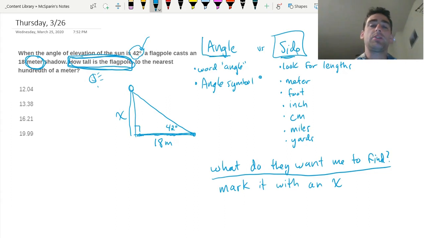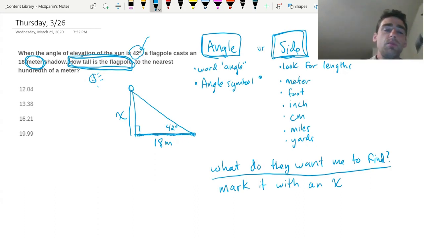So now I've got a really nice diagram that I can work from. I've managed to identify angles. I've managed to identify a side. And I also have managed to identify what they want me to find. Okay? I've got it all filled in. Now let's just go through our steps here, okay? We know that we need to label theta.